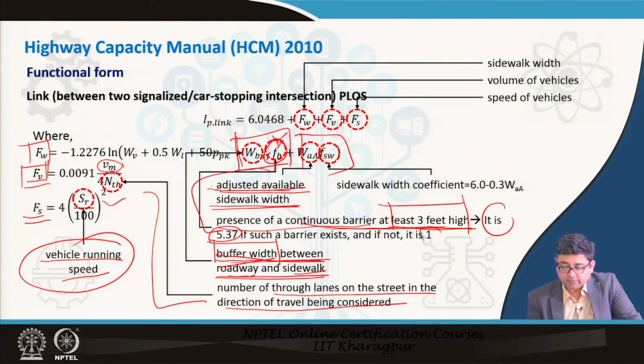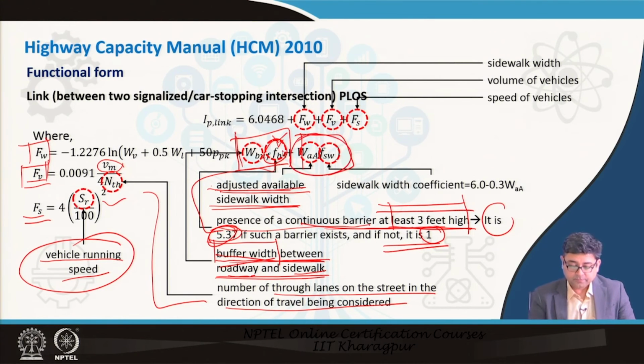If it is not, then the FB factor is 1. So, that is very empirical. You can understand it is a very empirical way of doing things. These were done in 2 or 3 locations in the United States, and based on those site specific locations, this formula was developed. So, if the buffer exists continuously, and the height of the buffer is at least 3 feet, then this factor is 5.37, otherwise the factor is only considered as 1.